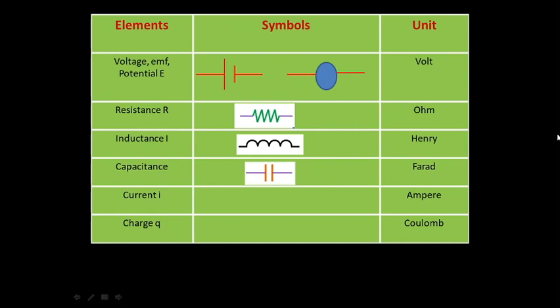The simplest electric circuit is a series circuit in which we have an electromotive force, or EMF, which acts as a source of energy such as a battery or generator.